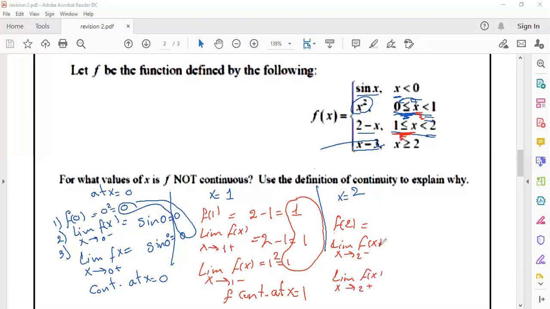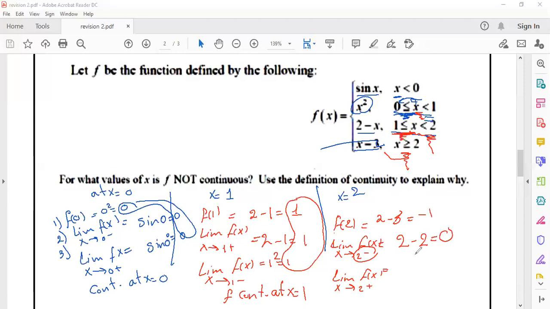Here, f of 2, I have to replace in the same way where equal, so it will be 2 minus 3, it will be negative 1. Limit f of x when x approaches 2 from the left, replace in the rule in which the values of x are less than 2. Here, x less than 2, replace, it will be 2 minus 2.